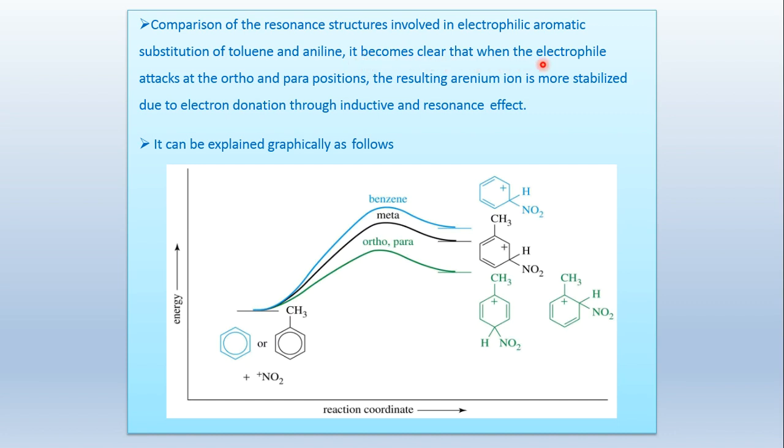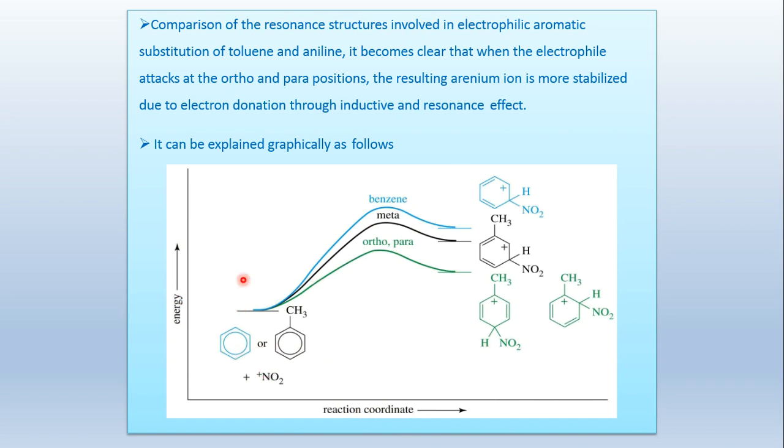It becomes clear that when the electrophile attacks at the ortho and para positions, the resulting arenium ion is more stabilized due to electron donation through inductive effect or resonance effect, as we have seen earlier. Here in this energy profile diagram, on the y-axis we see the potential energy of these intermediates or reactants, and here we see the reaction coordinate on the x-axis.